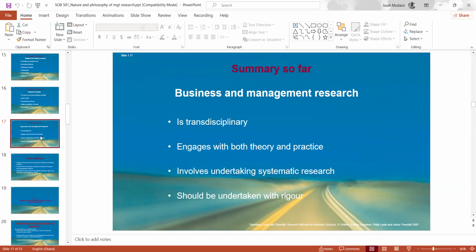So at every stage, we have to follow some standard protocols, and that's why we say it is systematic. There are some standard protocols that you must follow if you want to identify a research problem. There are some systematic processes you need to follow if you want to collect data, and so on and so forth.